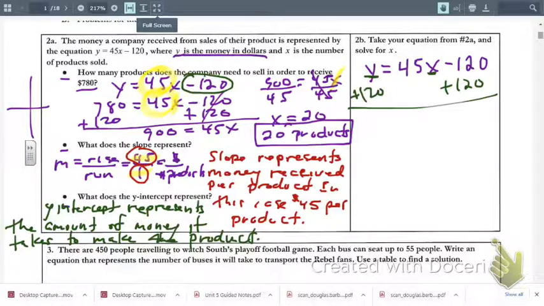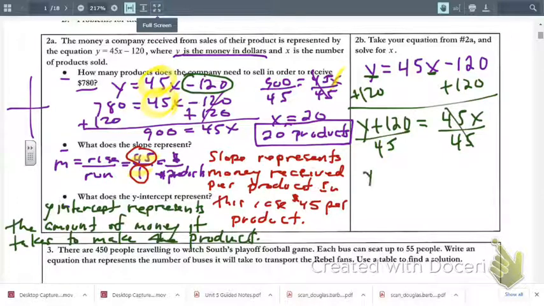So we're going to have y plus 120 equaling 45x. And now we're going to divide both sides by 45. That cancels, and so we have y plus 120 over 45 equaling x.